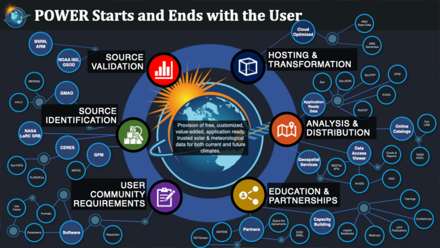So what does that mean? That means taking all these data sets that we talked about, talking to the users in these various communities, going to the source, spending a lot of time validating the source. What's the uncertainty? How does it compare to the measurements?